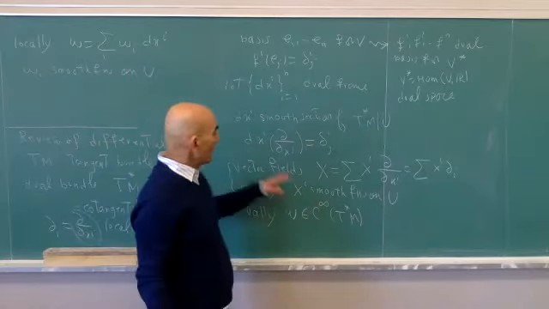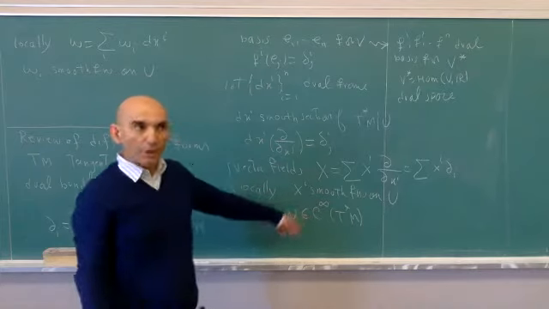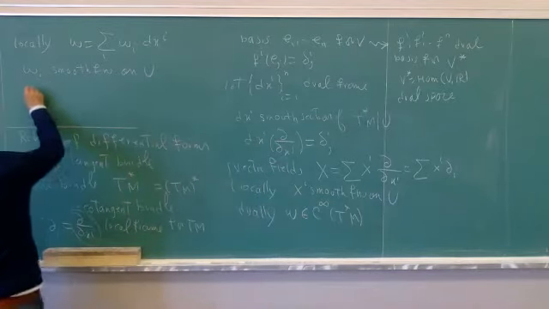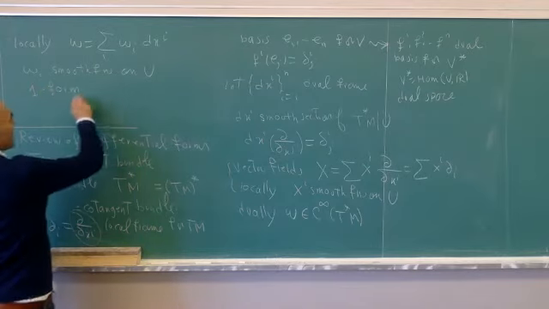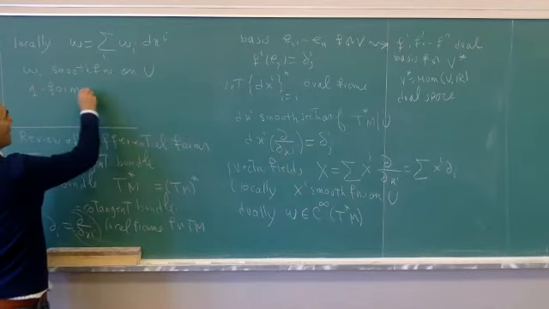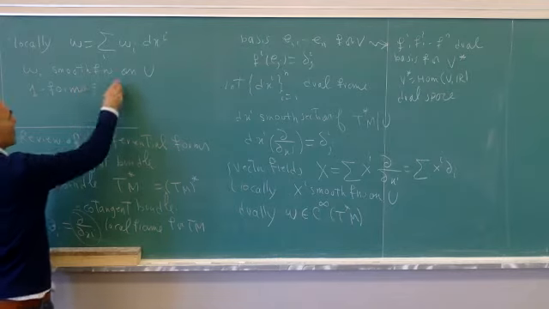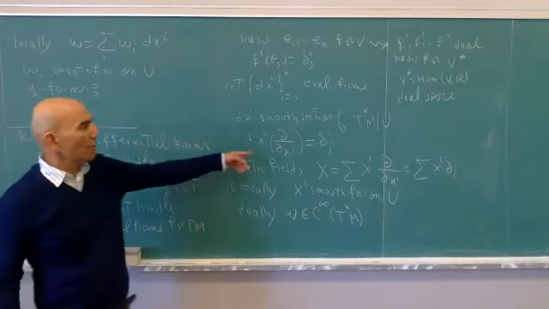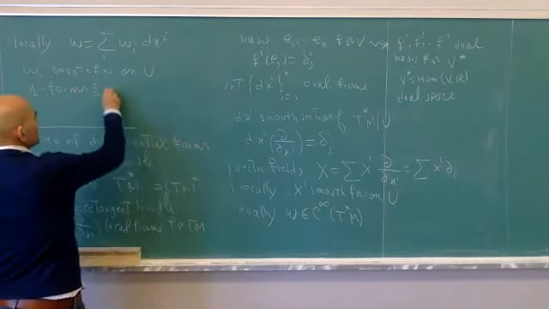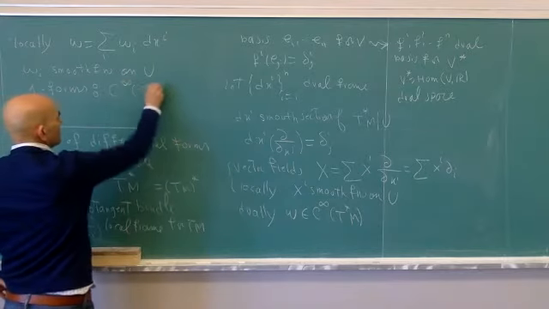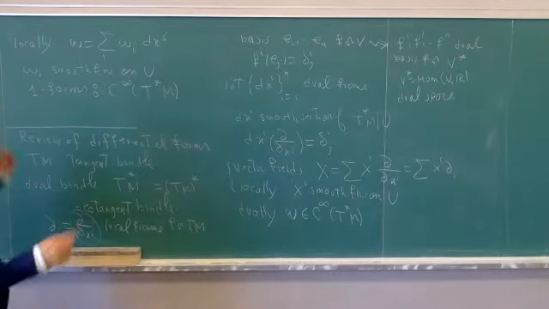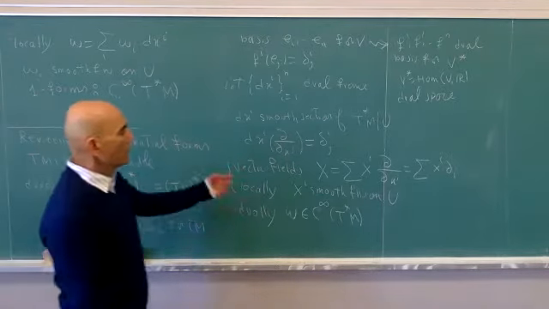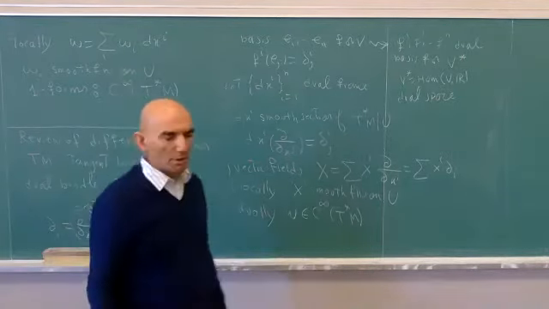So these are called one forms. A one form is just any smooth section of T star of N. Now you might wonder, what the heck?